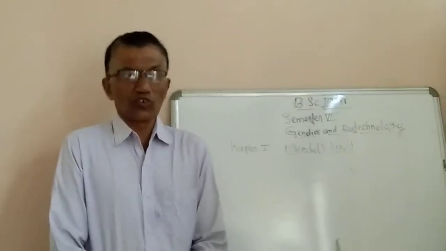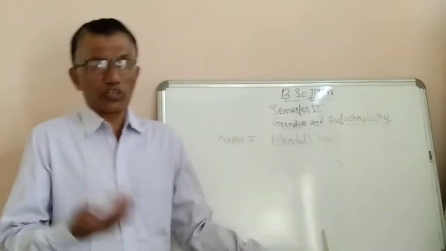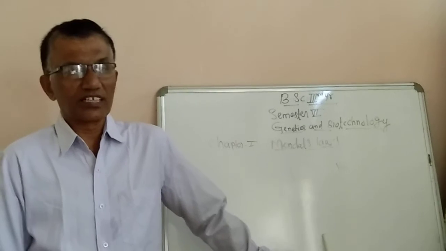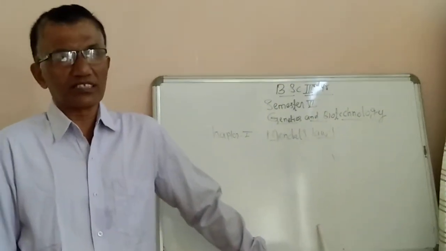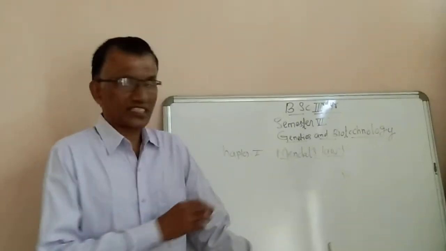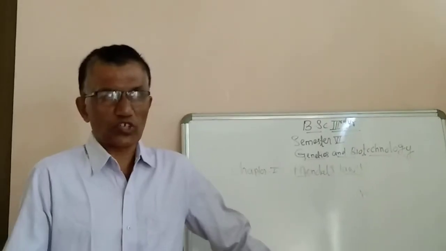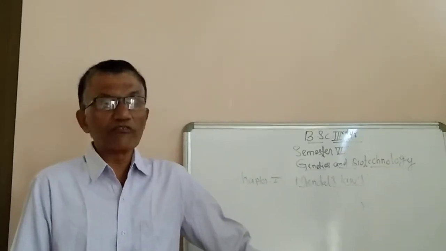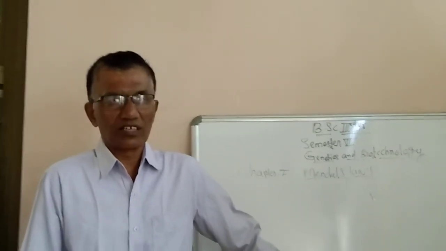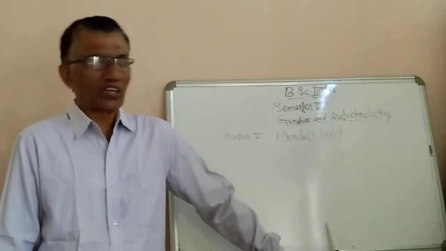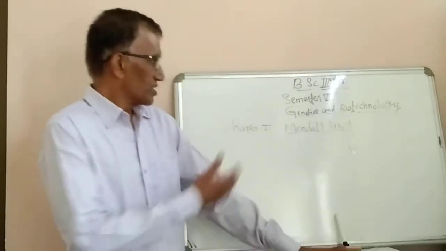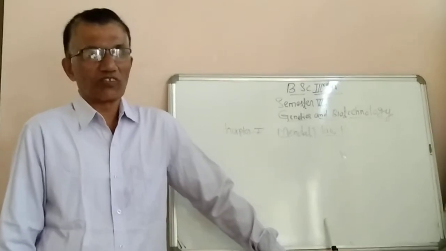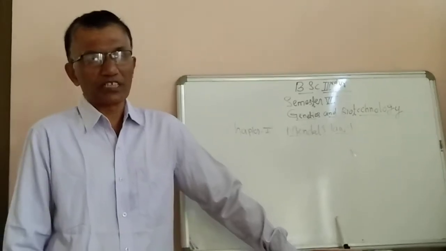Before going to the different laws given by Mendel, yesterday we discussed a brief historical account of the life history of Gregor John Mendel: where he was born, where he received his education and qualification, and where he performed his experimental work.